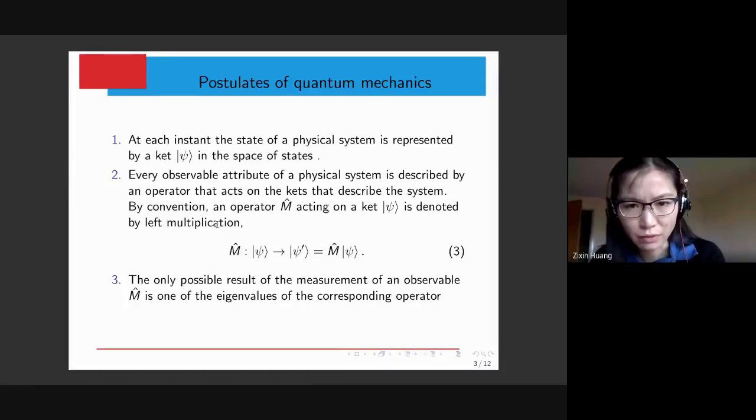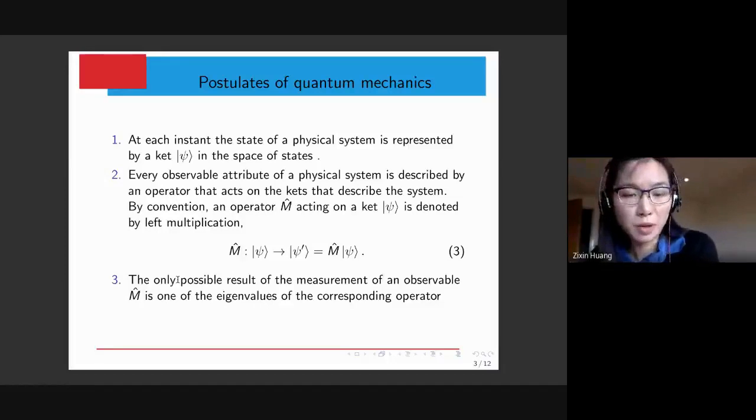This is given by equation 3 over here. So psi changes to psi dash after hat m has acted upon it. Psi is a vector, so m is supposed to be a matrix. I think this you already know. You may have seen it in a slightly different form, but m would usually be a unitary, which we'll discuss a bit more.